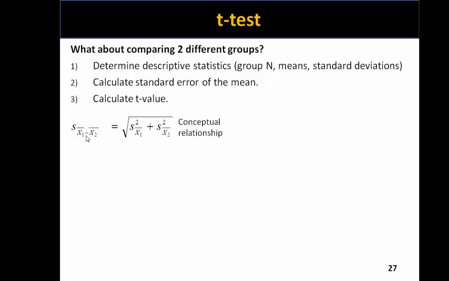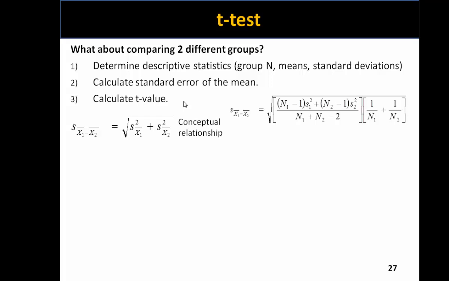And so recall, the standard error of the mean for the differences between the two groups is expressed conceptually as the squared value of the standard error of the mean for the first group, added to the squared value of the standard error of the mean for the second group, which will then be taken to the square root. But now in this study, notice that we had different sample sizes.